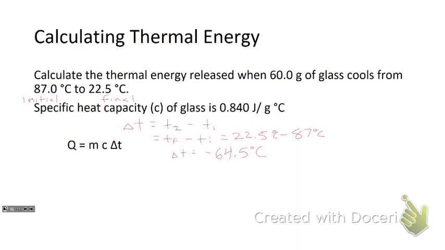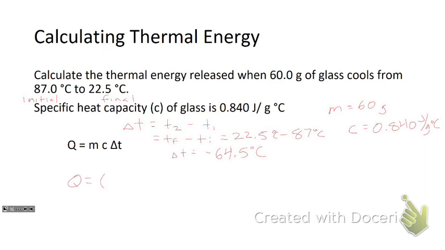So now that we have our change in temperature, because we know our mass is 60 grams, and our specific heat capacity of glass is 0.840 joules per gram degree Celsius. We have our M, we have our C, and we have our delta T. So we can just punch that into our formula, and we can find the thermal energy released.